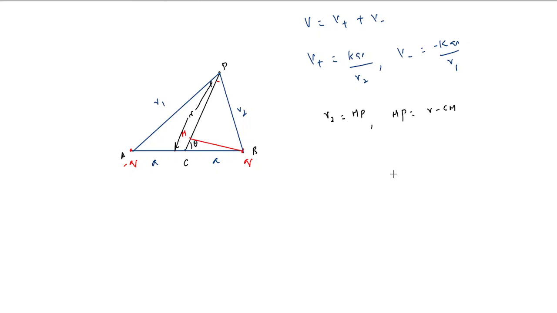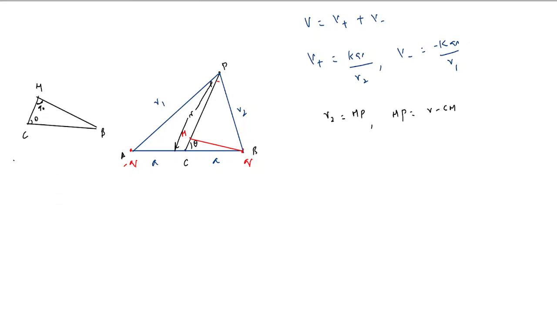Let's find what CM is from this triangle. This is point C, this is point M, this is point B, and here is the right angle, which is 90 degrees. This is theta.